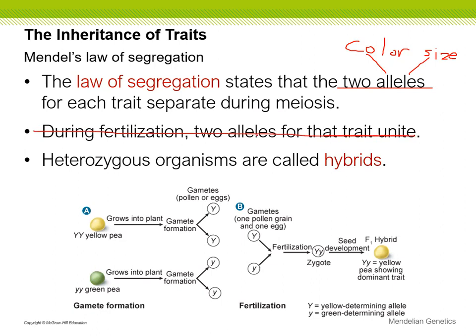Don't need to worry about that. The big thing here is that 2 of these separate. And when we have a heterozygous organism, something like big Y, little y, those are called hybrids. Just an important terminology here.